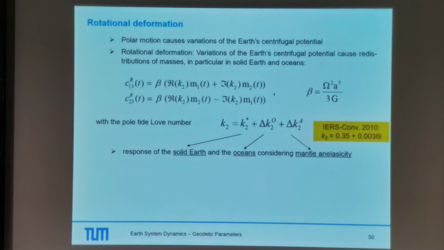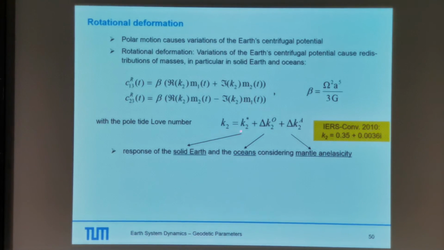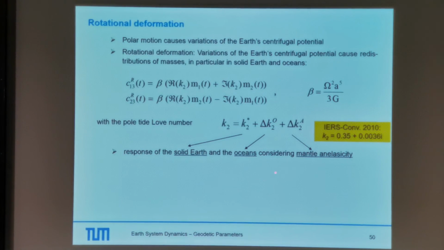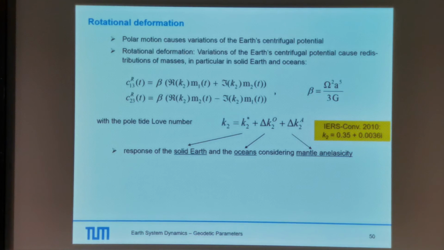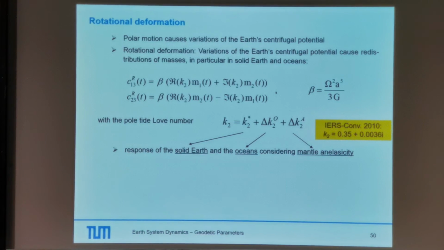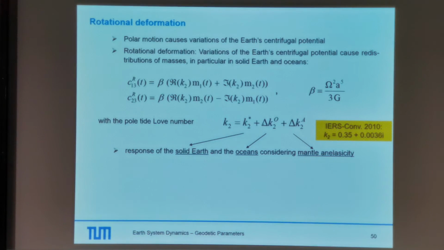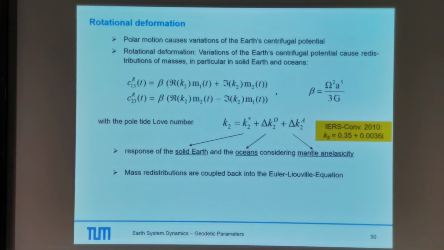And these three different quantities, which form the pole-tide Love number, are responses of the solid Earth, where the density distribution of the Earth's interior is important; the response of the oceans, abbreviated here with this O; and mantle unelasticity, when the mantle is not allowing this rebounding effect, which is this delta k2 with the upper index A in this case.